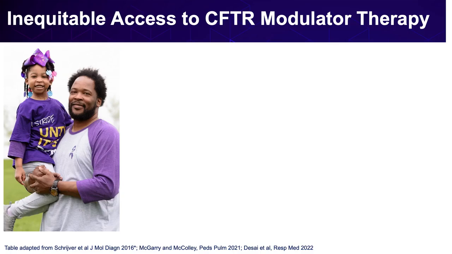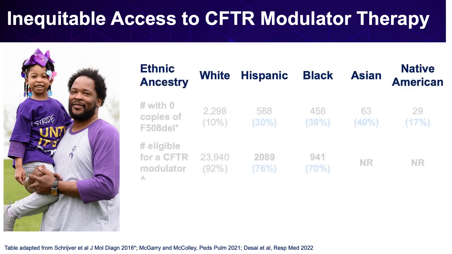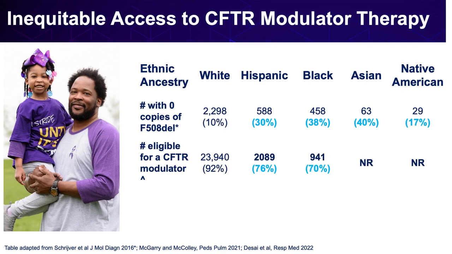Now, if you think about access to therapy, it's very different for people of color. Shriver and colleagues actually looked at ethnic ancestry and the number of copies of F508del that people had. That's important because the very first approval for these new life-changing medications that we'll talk about shortly actually was based on the fact that you had an F508del variant. So if you look in people who are white, about 10% of people don't have a copy of F508del.